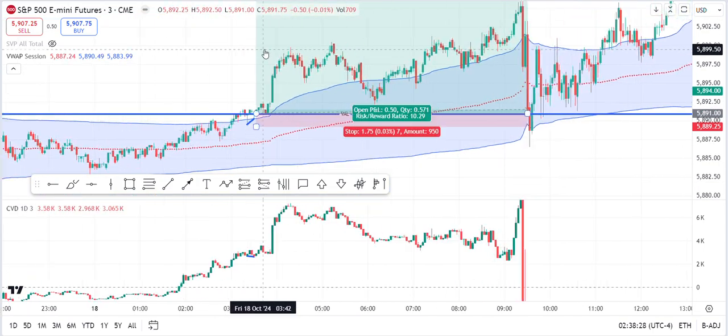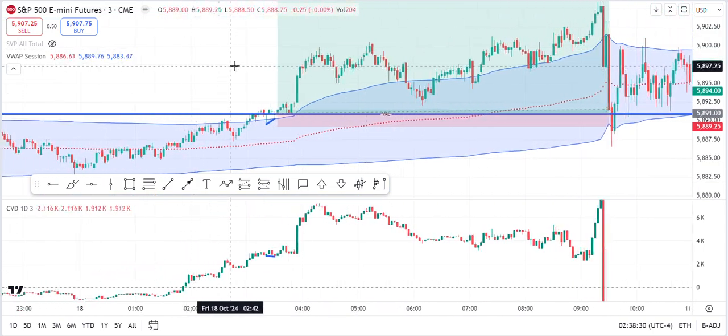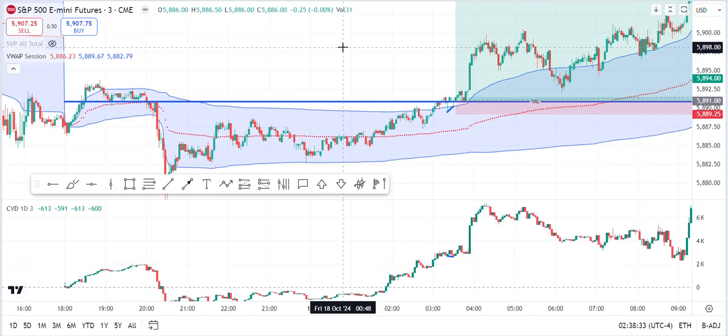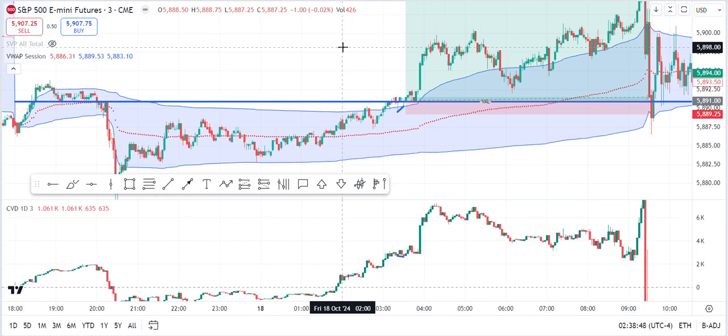Yep, this happens. I think this was a good read on the day. I don't think my stop was too tight. I don't think I should have held or cut my profits. I think this is according to my plan.